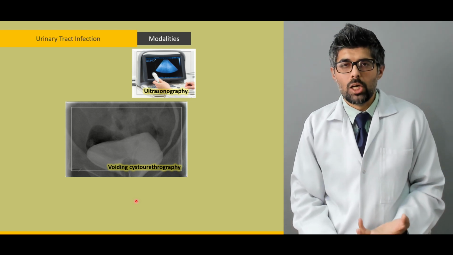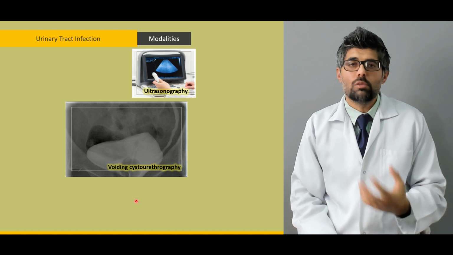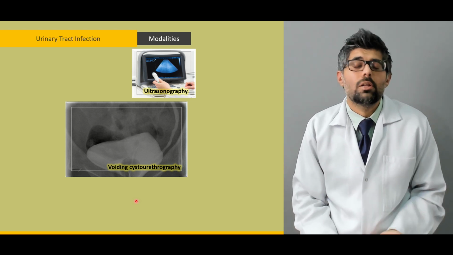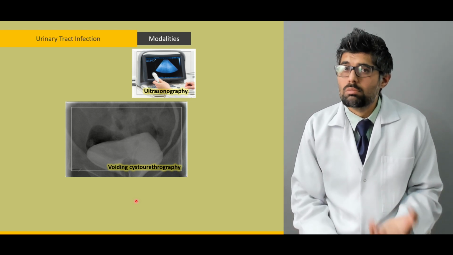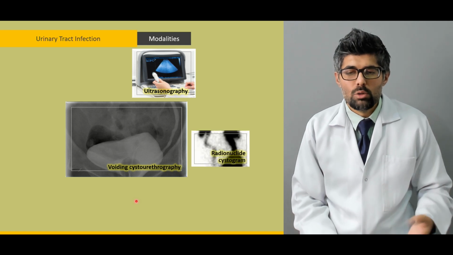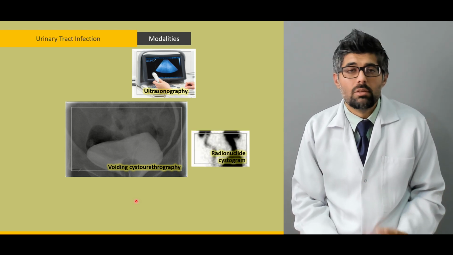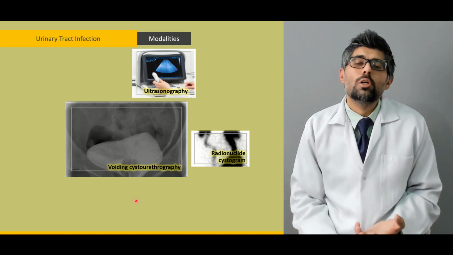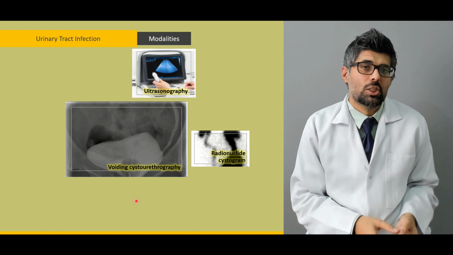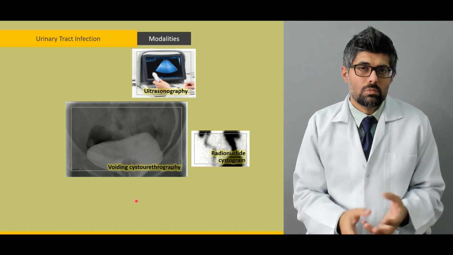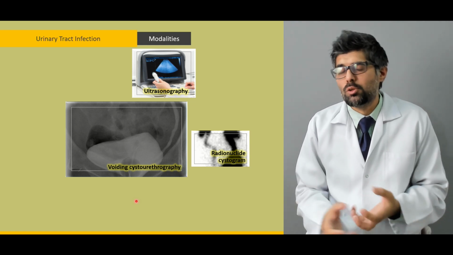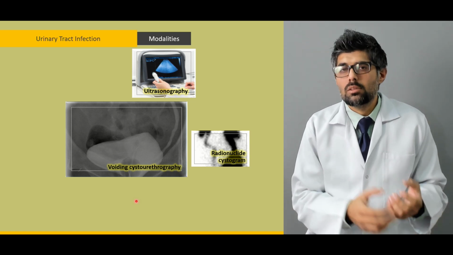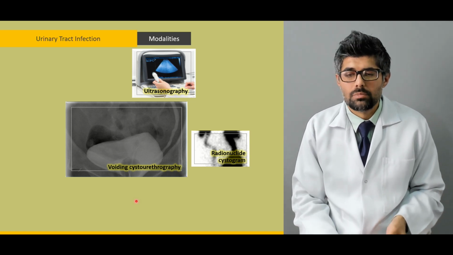Simple ultrasound can be used to determine if the walls of the urethra and the urinary bladder are thickened or not. We can even use radionuclide cystogram, but it is rarely used and only used if there's suspicion of carcinoma. The most typical carcinoma of the urinary bladder is transitional cell carcinoma.